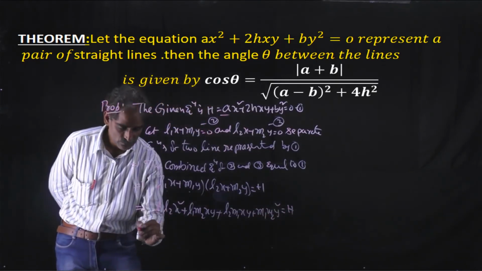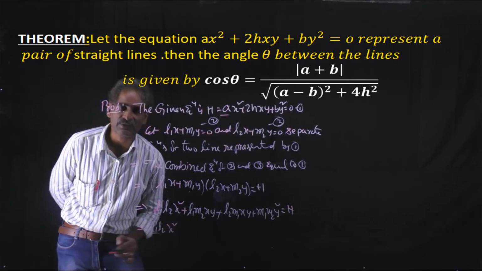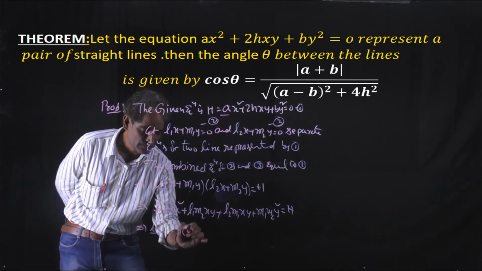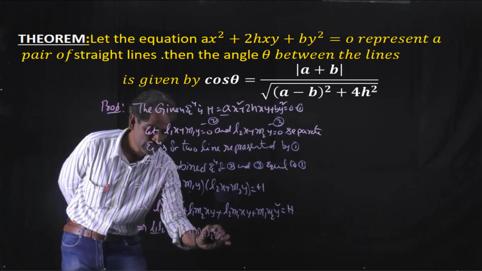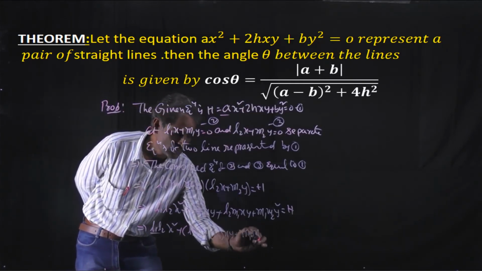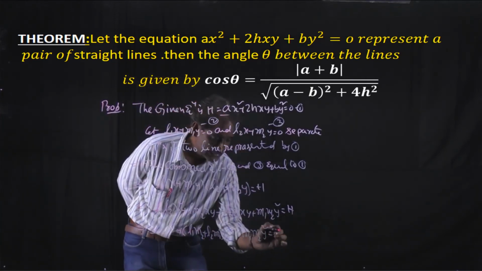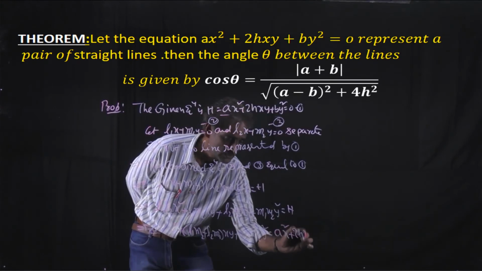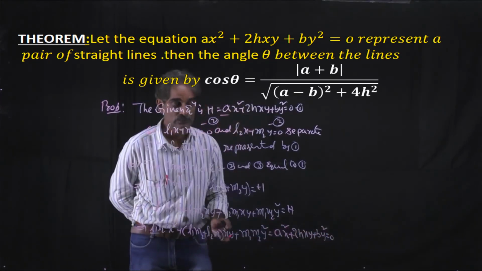Now here L1 L2 x square, this is the coefficient of x square. From these two take xy common, then we get L1 M2 plus L2 M1 into xy plus M1 M2 y square equal to the equation ax square plus 2hxy plus by square equal to 0.